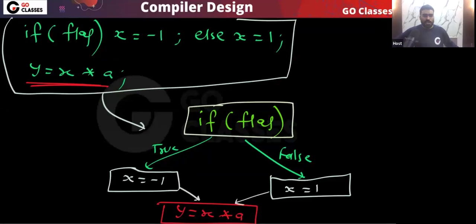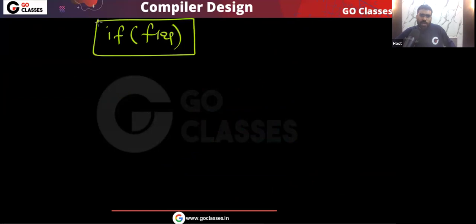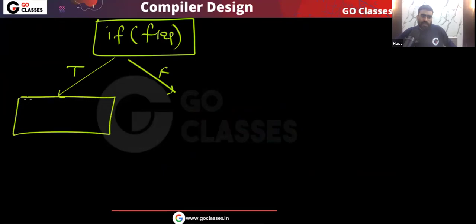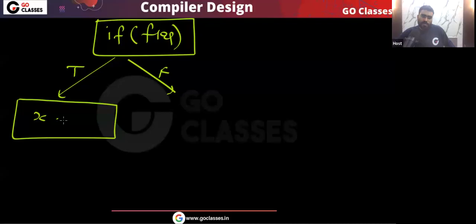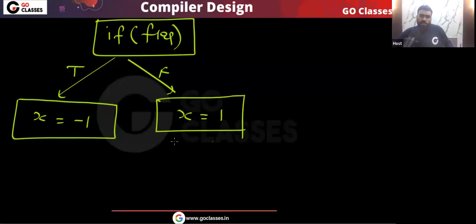Now let's convert. I hope you understood. So remember, this is your code. If there is flag, this is what you have. Now, on the true branch, what will happen? On the false branch, what will happen? In the true branch, you will put x equal to -1. In the false branch, you will put x equal to 1.